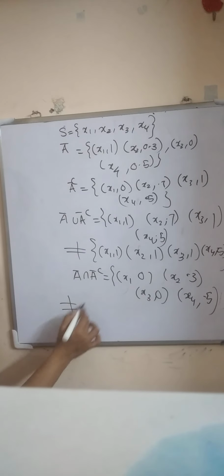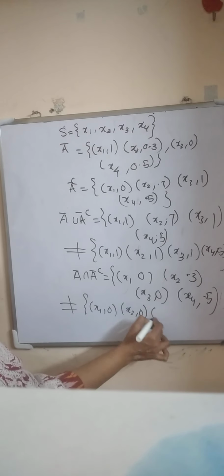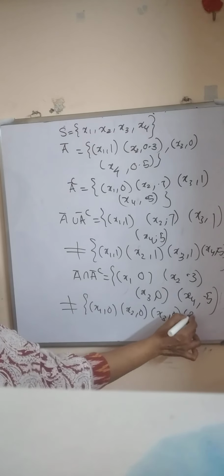This is also not equal to the set of ordered pairs x1 0, x2 0, x3 0, x4 0, because if a null set does not contain these elements, therefore these elements have membership value 0 in a null set. So A bar intersection A bar complement is not equal to the null set, and also A bar union A bar complement is not equal to the sample space. Therefore, fuzzy complements do not always have all the characteristics of crisp complements.